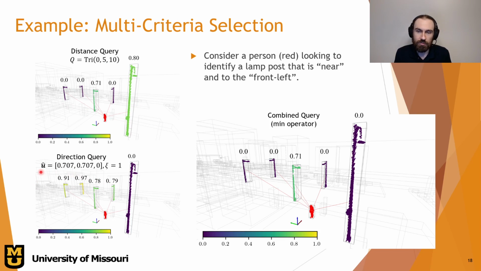We can have a particular reference direction and defuzzification term that says how well does each of these lampposts satisfy that particular direction. So all of the ones out in front of the person have a high value, and the one behind the person has a very low value. And when we combine these using our min operator as the aggregation function, we see that just this one here satisfies our query of near and to the front left.